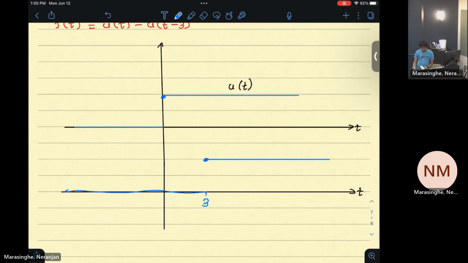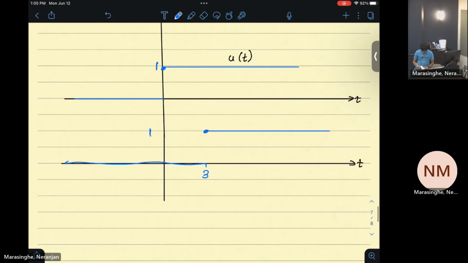So what can you say about the difference of these two graphs? What would you get? You're going to subtract the second graph from the first one. So you get only the portion from 0 to 3.